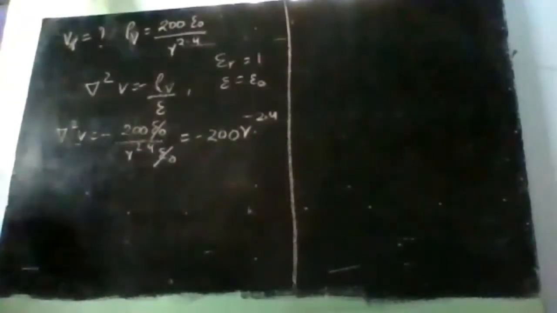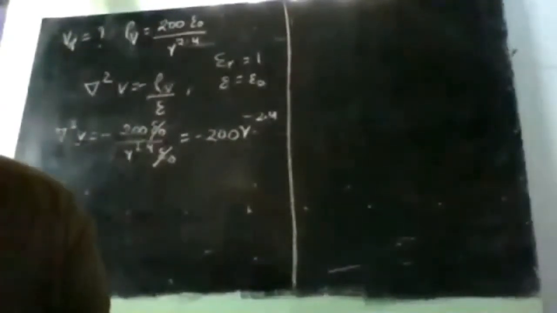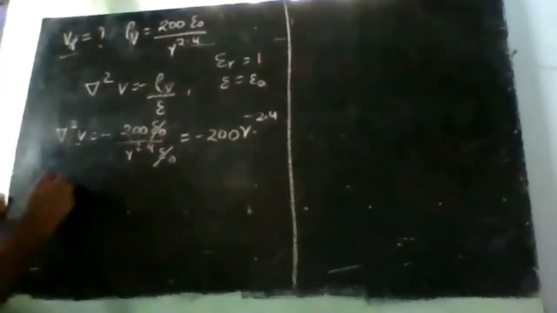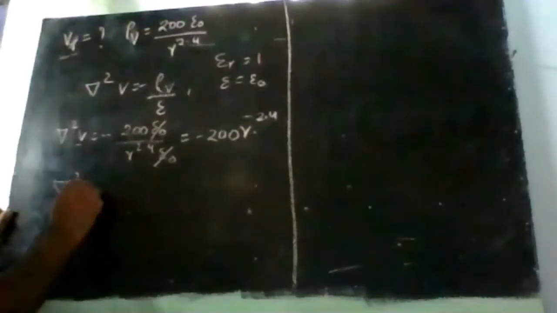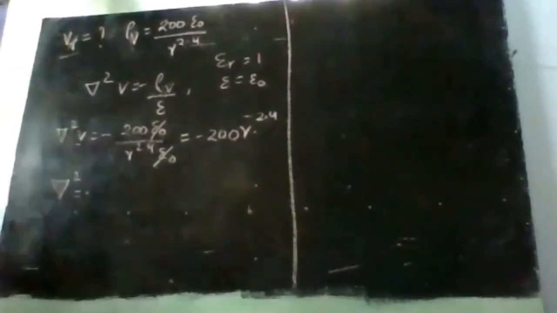Right now we have been asked to find out voltage in terms of r. That means it's a spherical coordinate system and the variation of voltage is only along r. We know the general formula for del square in spherical coordinates, but I am taking only the part with respect to r, because the voltage is only a function of r.